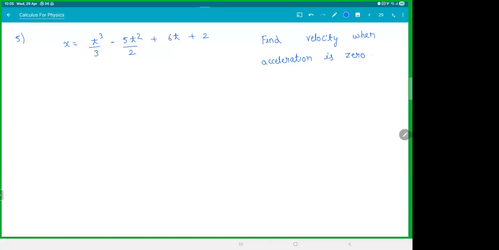This is a different way of asking. So he's asking, find the velocity when acceleration is 0. First, you have to find when acceleration is 0. You'll get time from there. Use that to substitute in the second one. Same thing. We are just switching the question front and back.